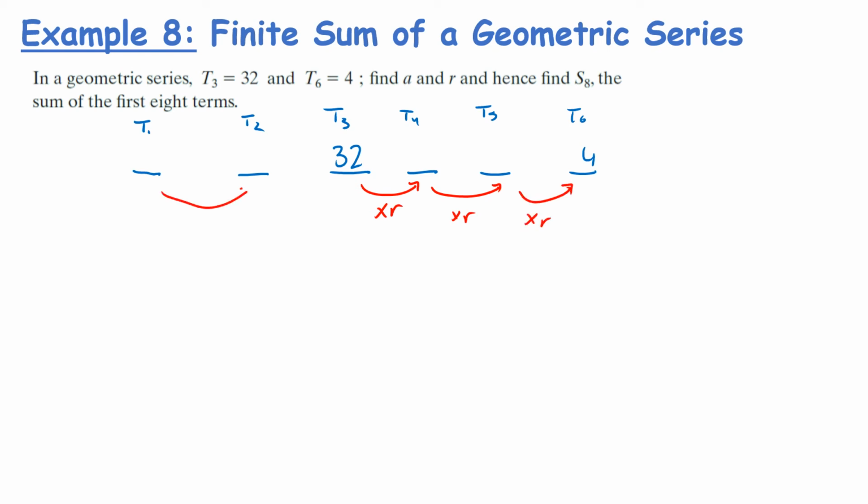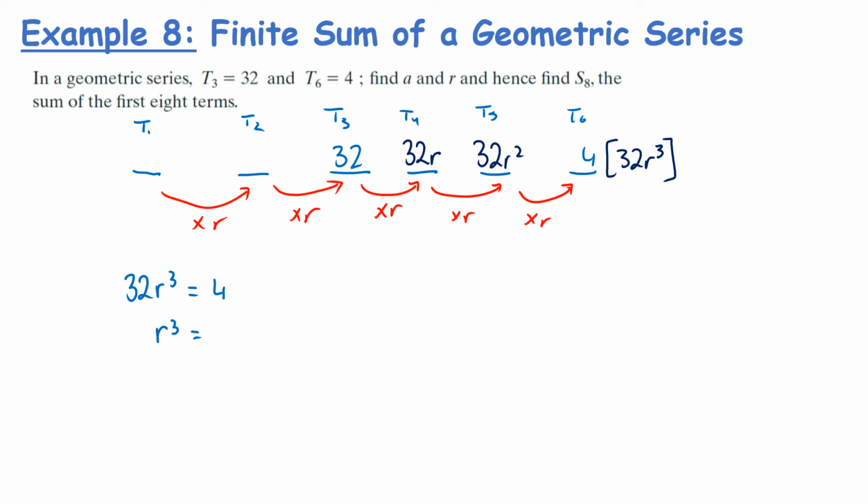Our term-to-term rule is multiply by r. And what we can say is this is 32r, this is 32r squared, and this is 32r cubed. So what we get is 32r cubed is actually 4.